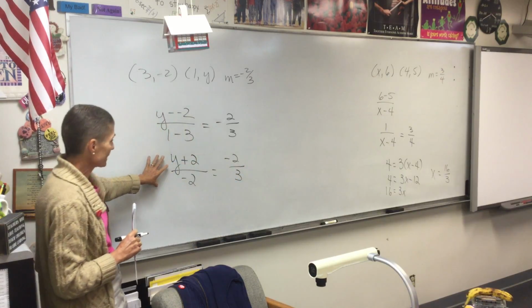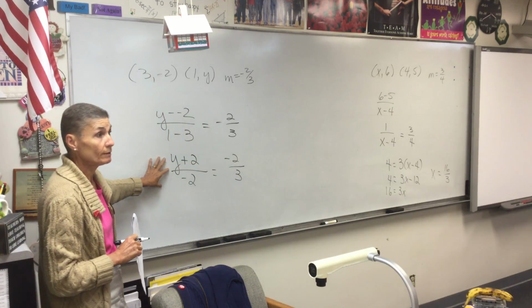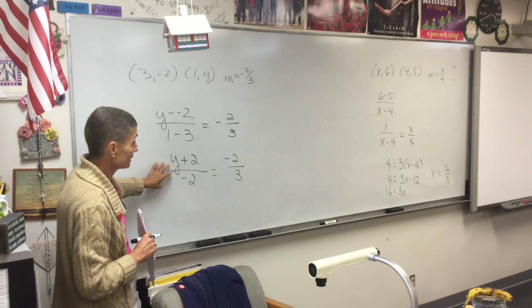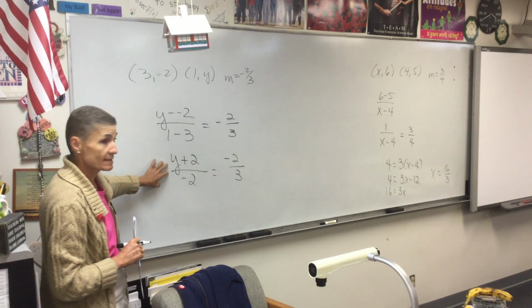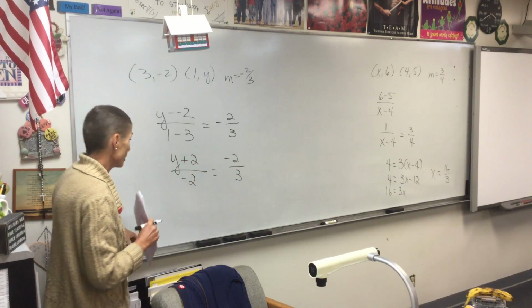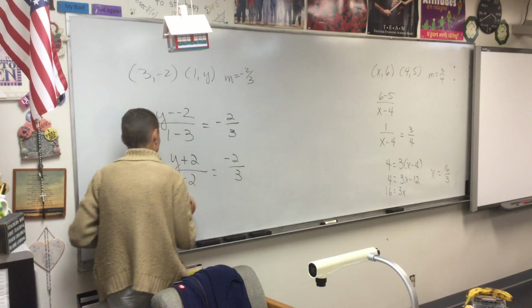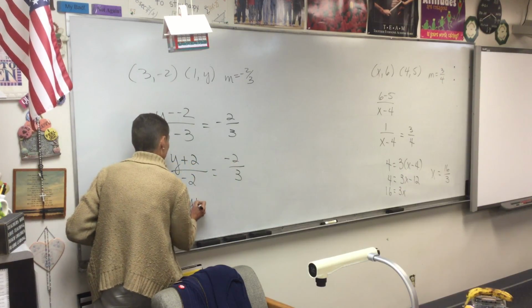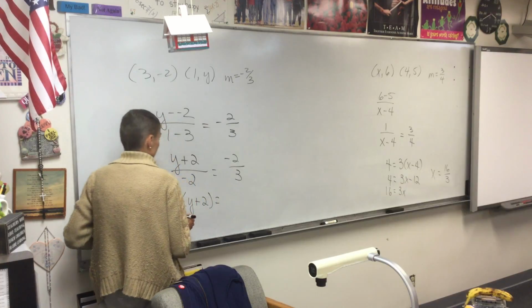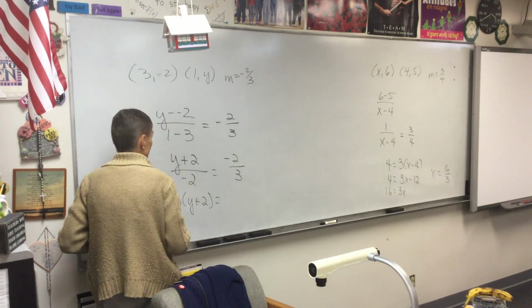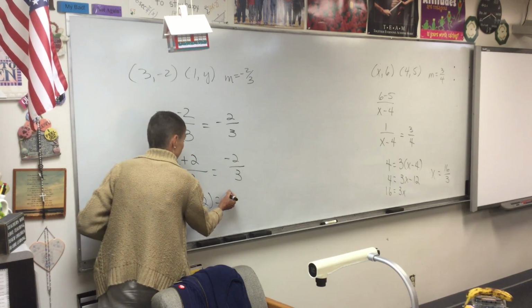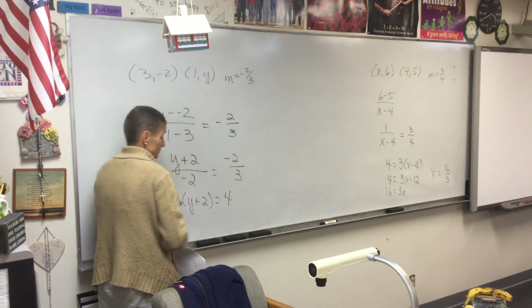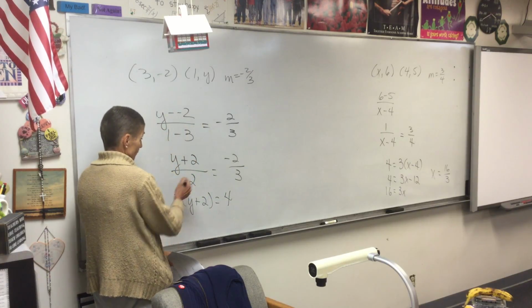So here we are back again. This is called a proportion. Here we are back again where we were a minute ago. How did we get ourselves out of this? Over there, what did we do? We cross multiply. Now be careful. You're going to have 3 times y plus 2 equals 4. No, -4.